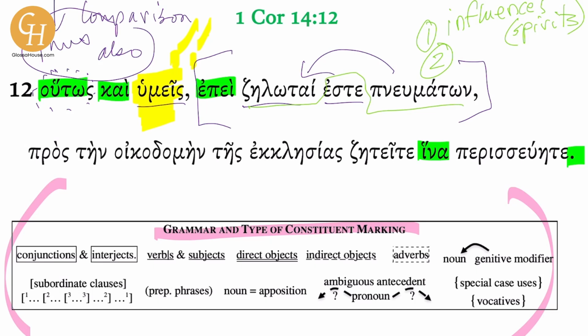The implication is not a multiplicity of gods and spirits. So Paul is working with them. I think this is one way to understand this, is that they're really open to this kind of influence. So since you're zealous for spirits, I think he's trying to redirect them. We're going to see how he redirects them.